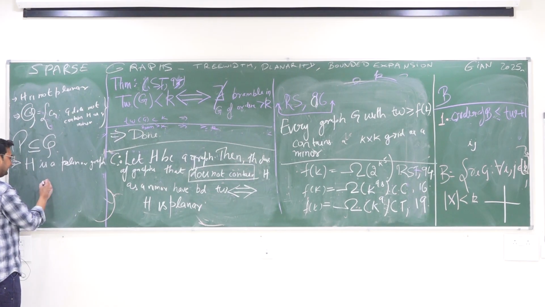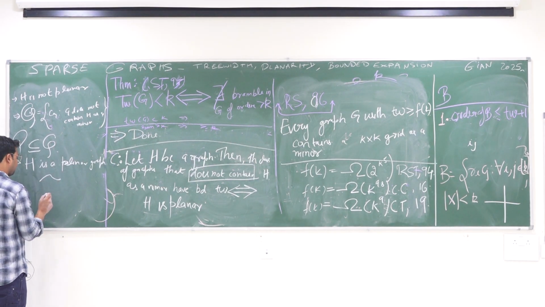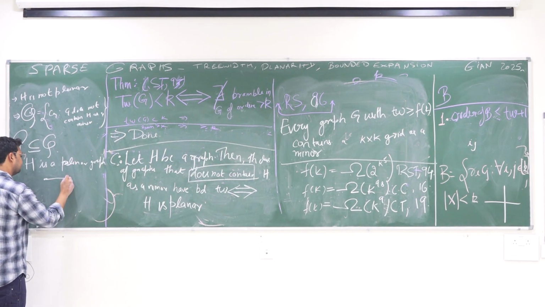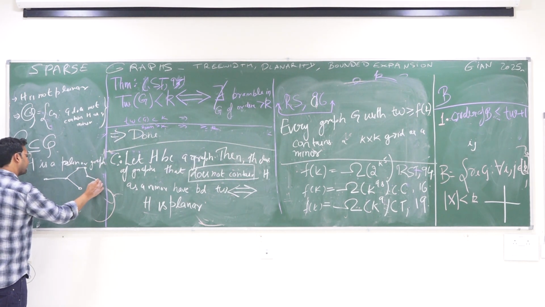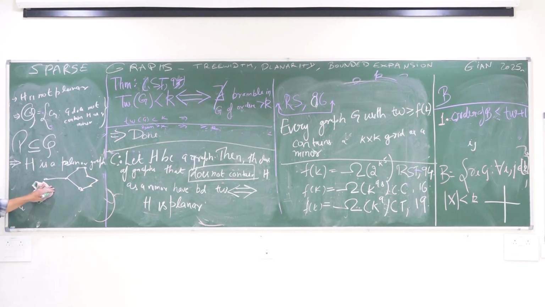Because you take any planar graph, what you can do is subdivide. If you subdivide each edge of a graph any number of times, the graph you obtain contains the previous graph as a minor, because you can contract the edges back.